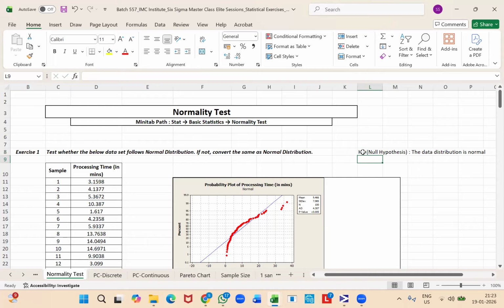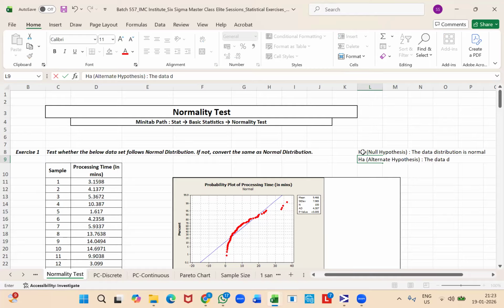Similarly, for a data distribution, we'll always think that each and every data distribution is normal. So the abnormality would be an exception which we need to prove, and that will be part of my alternate hypothesis. So the alternate hypothesis for this normality test will be the data distribution is non-normal.